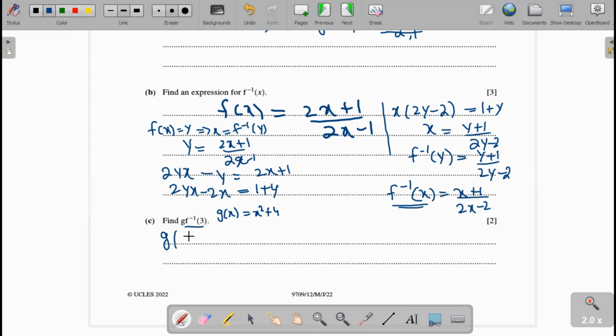Now this is 3 plus 1 over 2 times 3 minus 2, and that is equal to g of 4 over 6 minus 2, that is 4. And it will become g of 1. Now we find g of 1, that is 1 squared plus 4, we get 5.